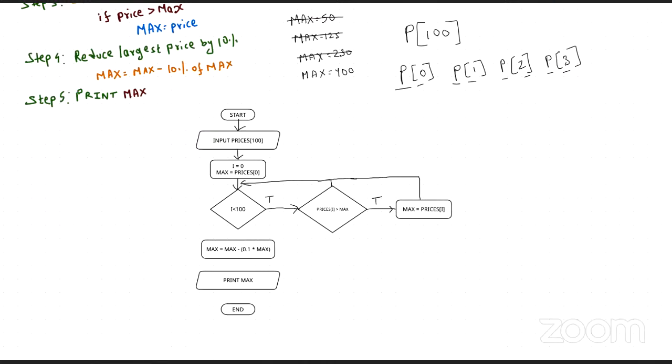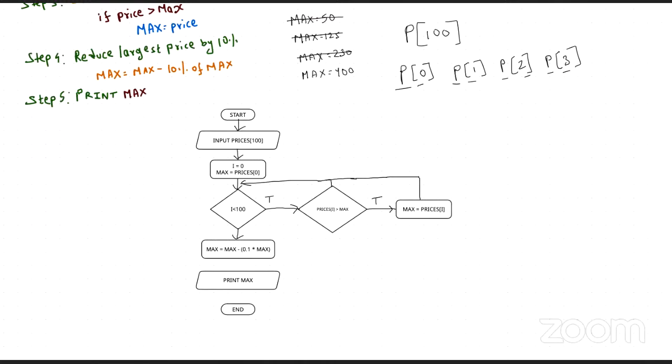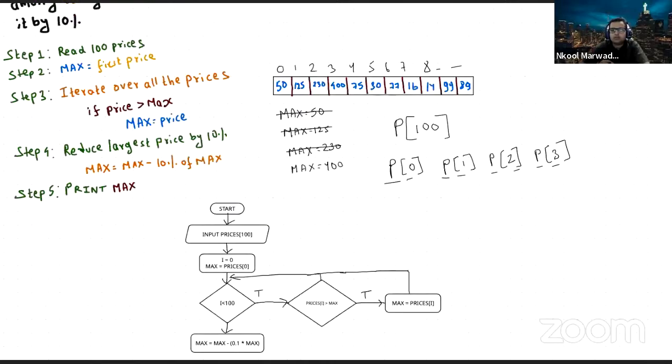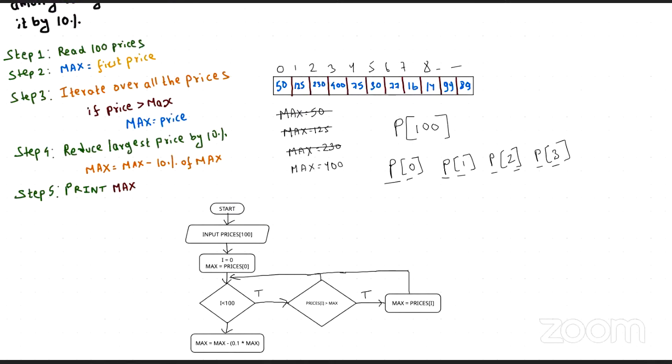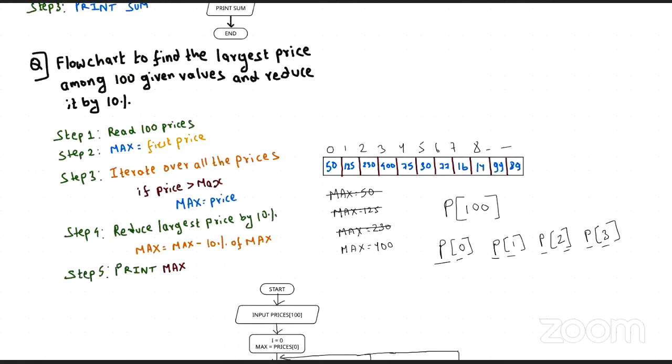I'm confused with the 100 part. Like, the max value of price here is 400, right? That is one example, a general example. It's okay, but general code. No, 100 here means we have to read 100 prices, 100 values.